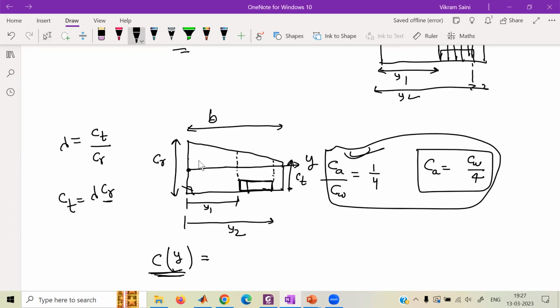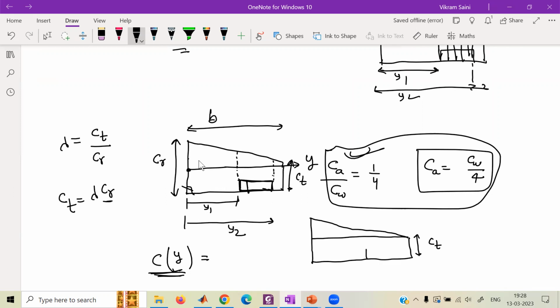Let's make a clear geometry here. So let's say our aileron is somewhere here.